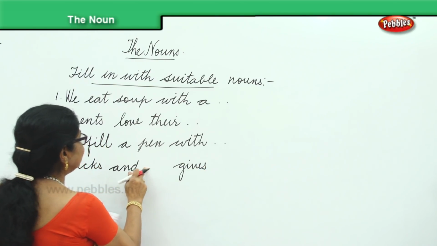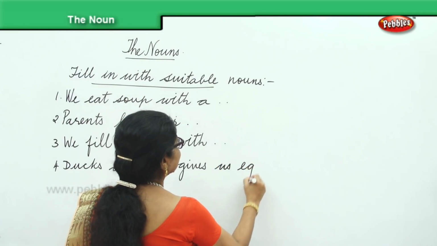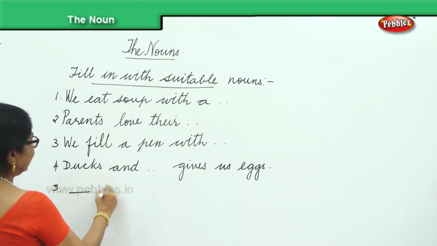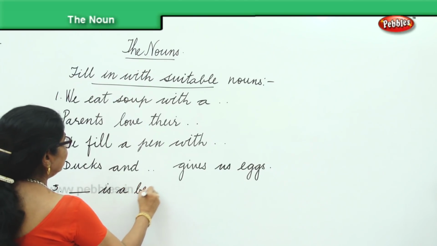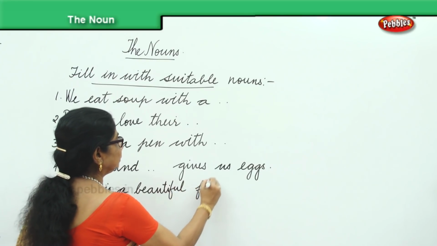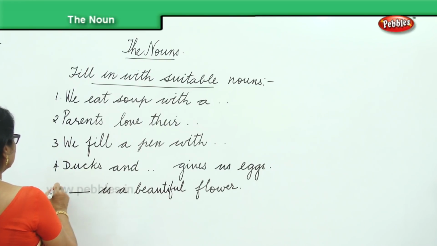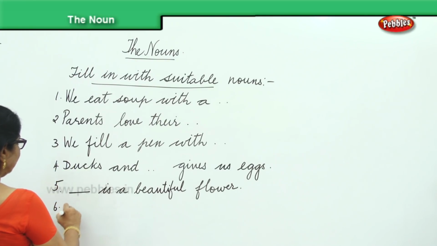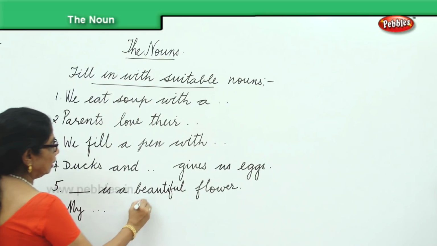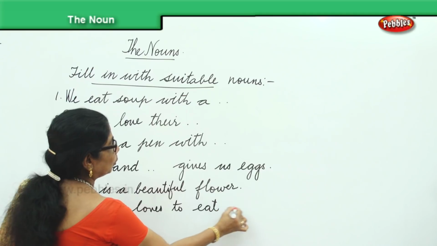Ducks and dash something gives us eggs. Then dash is a beautiful flower. My dash loves to eat, you can put whatever noun you want.